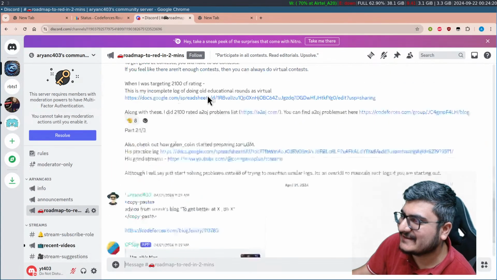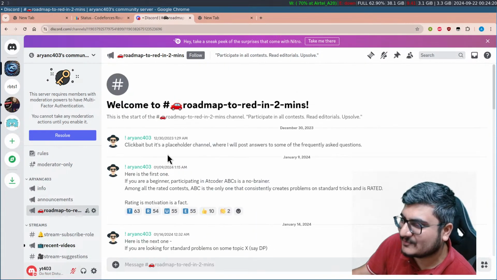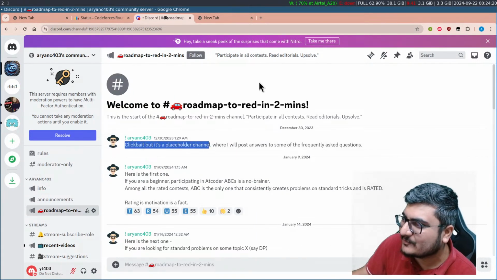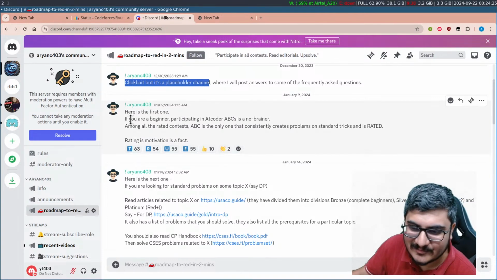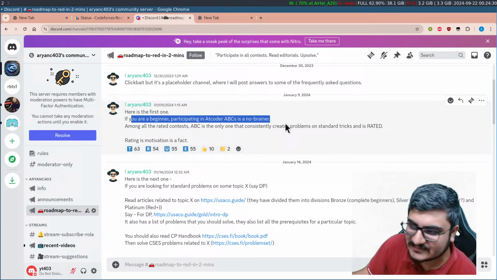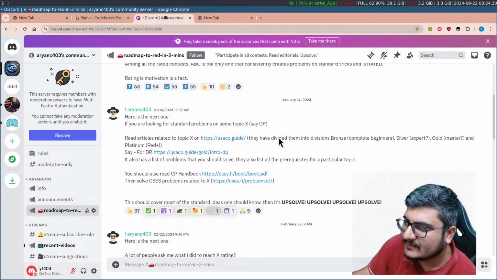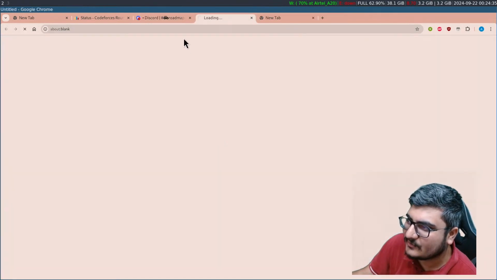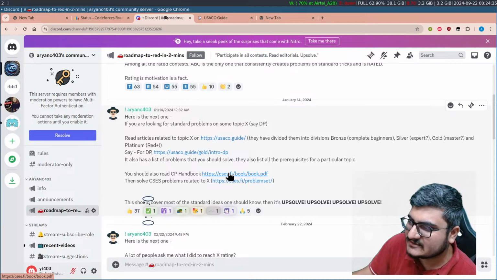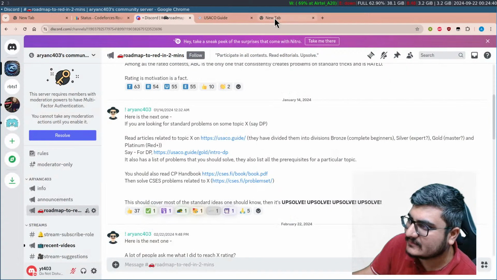You can check this roadmap to red, which is a clickbait channel. Obviously, one cannot become red in 2 minutes. So the advice is a bit generic, like start from ABCs. They contain some standard problems. If you are looking for standard problems on topic X, you can refer to the USACO guide or the CSES problem set. There is a book and details as well.